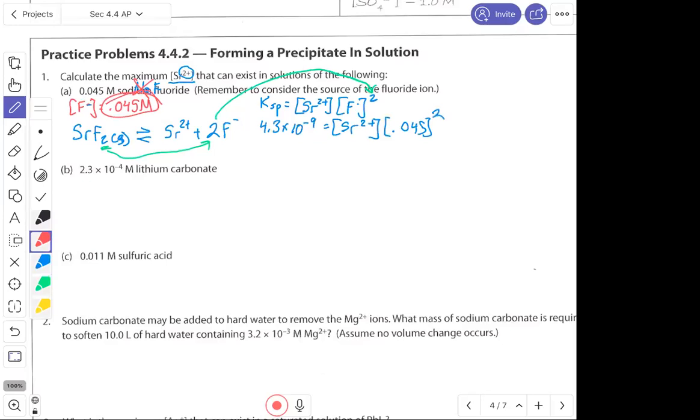So then you would square that and divide the Ksp by that. In your calculators, if you do the square and do the division, it's going to be a small number for 2 sig figs.